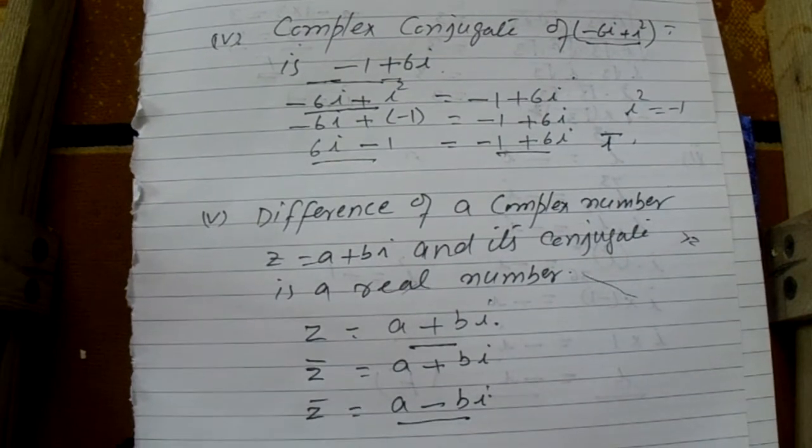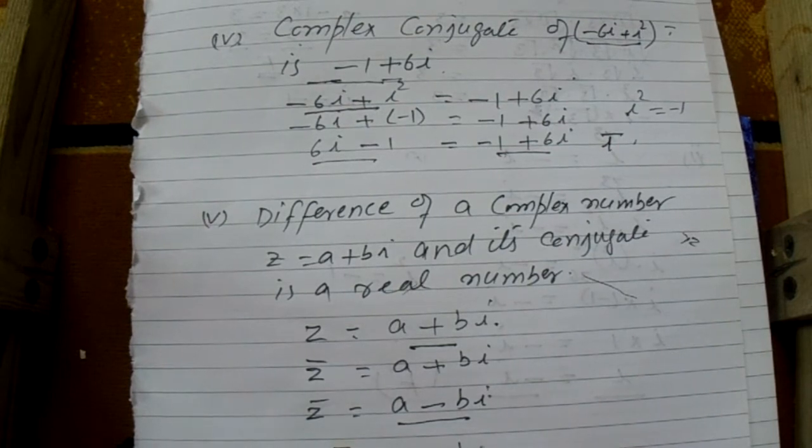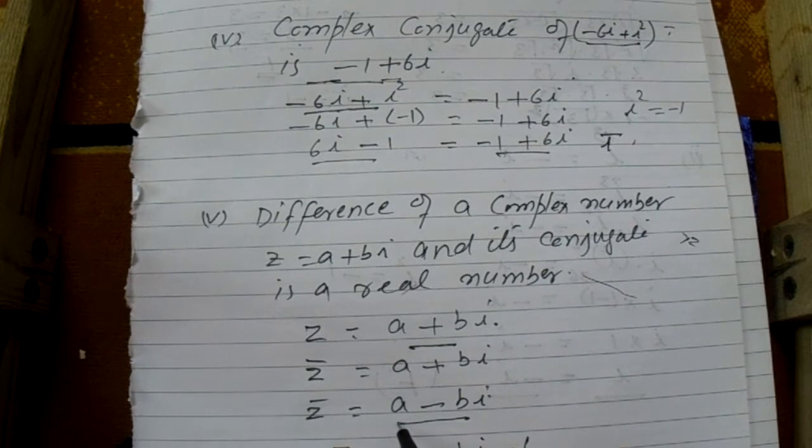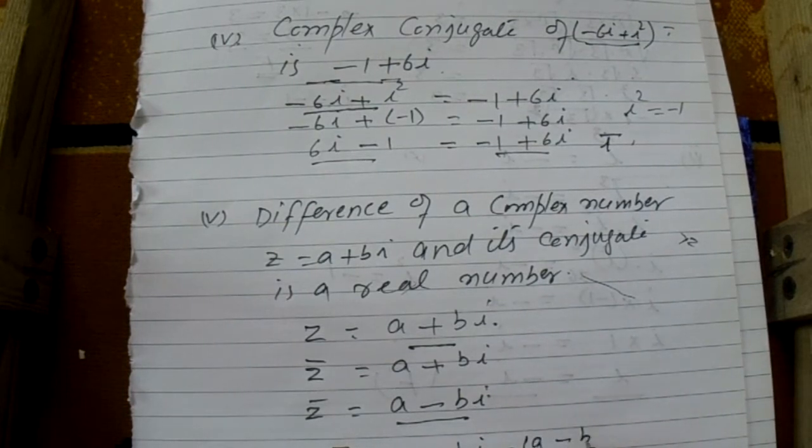We find the difference. z minus z bar is equal to a plus b iota, now minus, we write in bracket because there are two terms, a minus b iota.